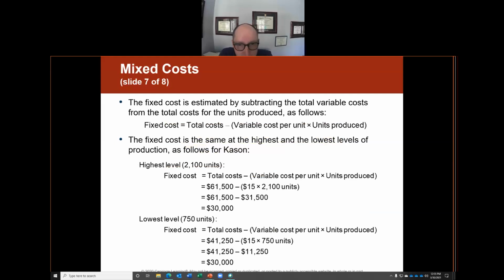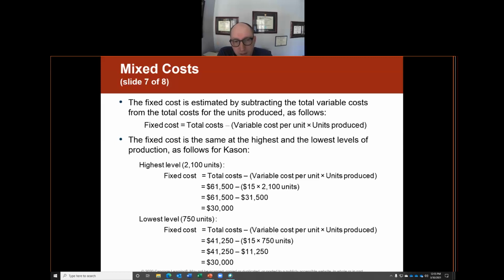Now, let's take a look to find our total fixed cost at the high and the low method. We know what our variable cost per unit is. So to find the fixed cost, we take the total cost minus the variable cost per unit times the units produced, which gives you the total variable cost.